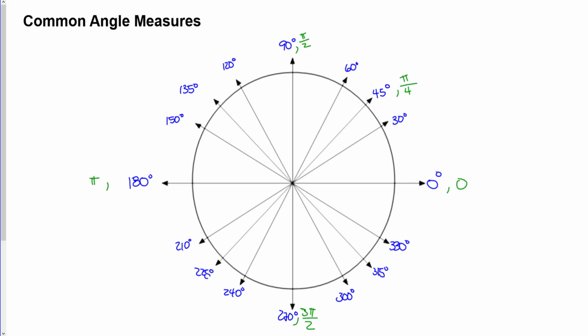So if you want to figure out what the angle is in quadrant 2, take pi over 2, which is 90, plus pi over 4, which is 45, and that's going to give you 3 pi over 4. Just working with fractions, you'll get 3 pi over 4. So that's the equivalent to 135 degrees. Or in quadrant 3, it's 5 pi over 4. And in quadrant 4, it is 7 pi over 4.